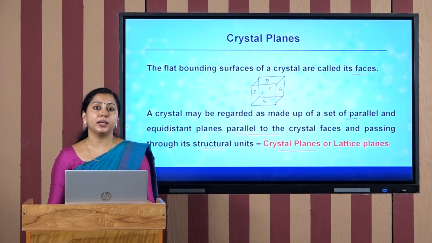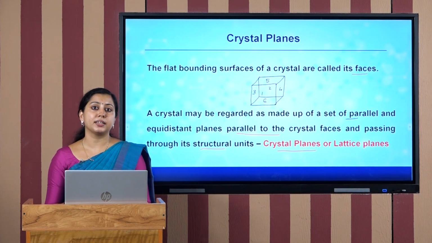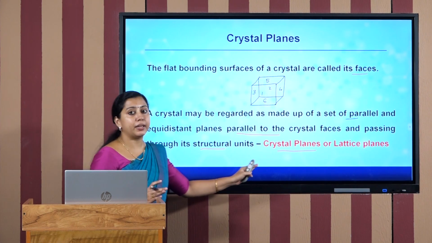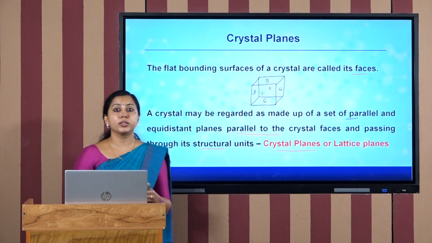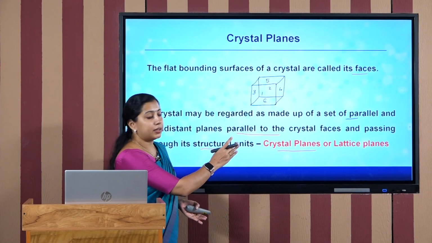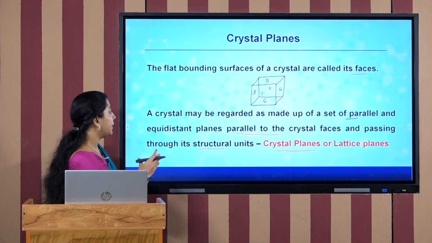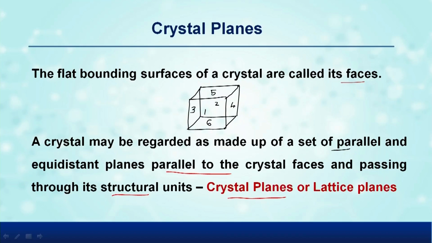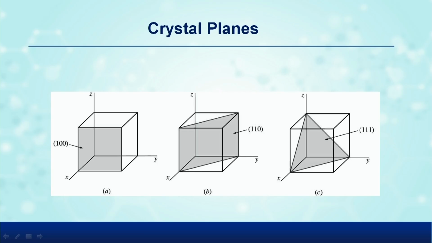For the time being, let us consider the term crystal planes only. So, what is meant by a crystal plane? It is a plane made up of parallel and equidistant planes, parallel to the crystal faces and passing through the structural units. Let us see some examples for crystal planes.